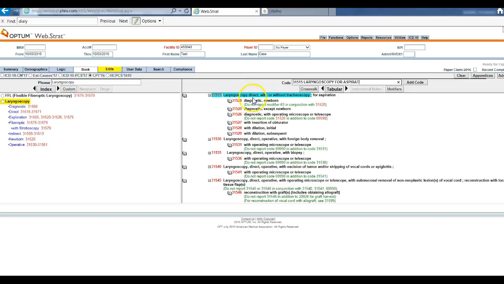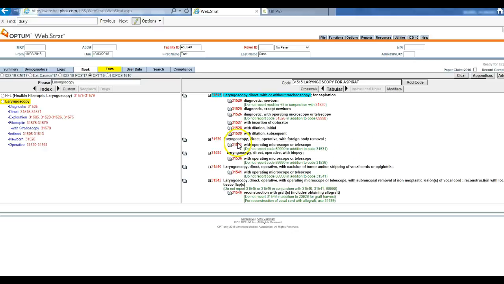So it says laryngoscopy, my first code that I chose from my range is laryngoscopy 31515 direct with or without tracheoscopy. Now, let's look a little further because we want to be as detailed as possible. So what's mentioned in our case is that there was an operative microscope used.